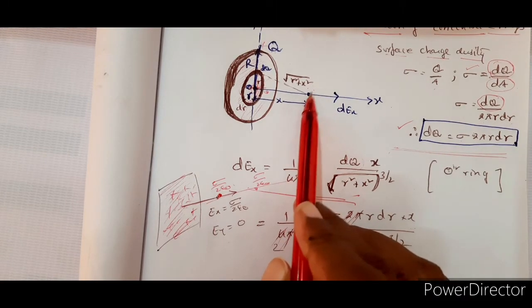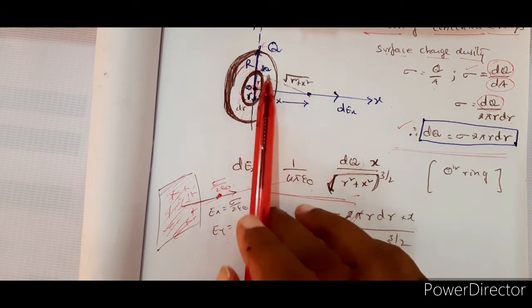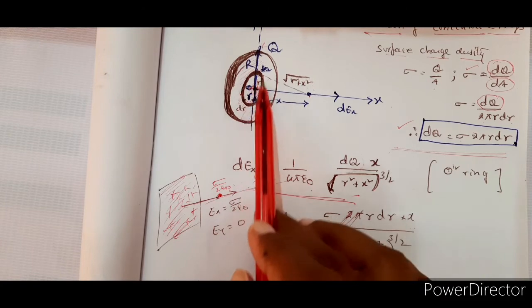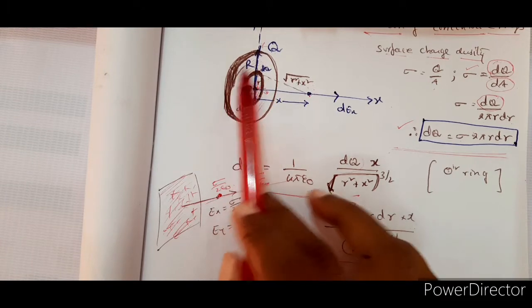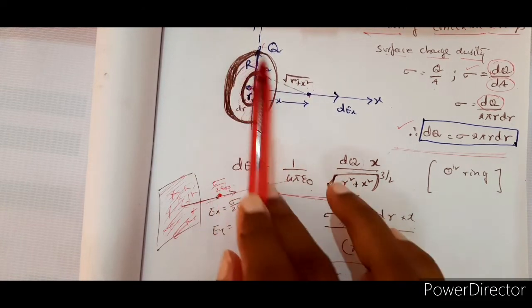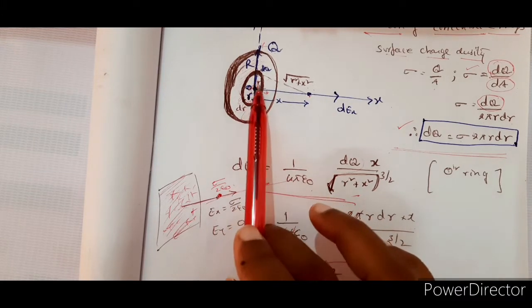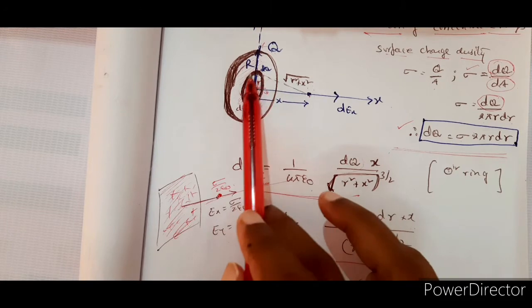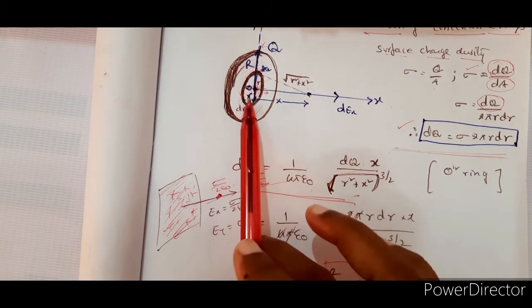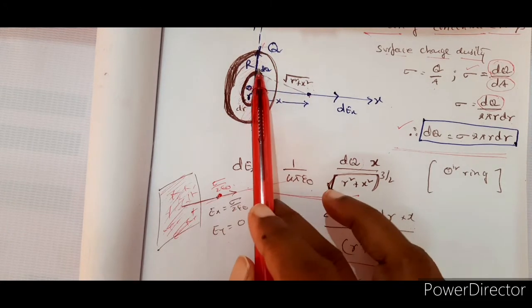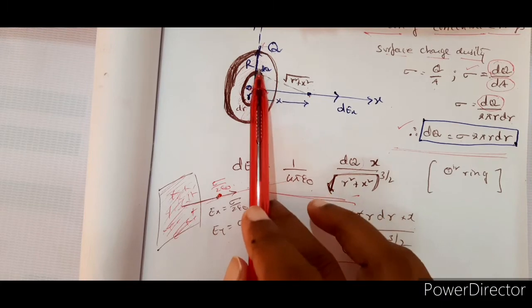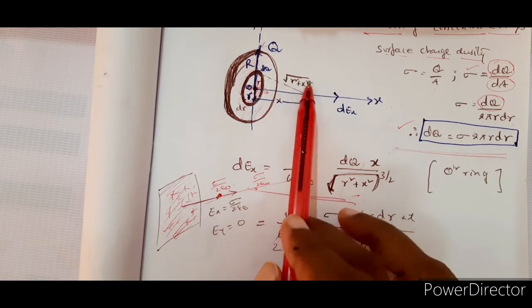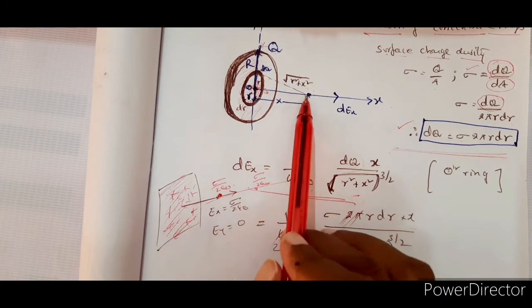In order to determine it because of the whole sheet, you take it as a series of concentric circular rings. Let us consider one ring at a distance of r, whose charge is very, very small because you are taking only a portion of the circular disk. Only a portion of the charge is here, dq, and it is at a distance of root of r square plus x square, and you are going to find out dE_x.